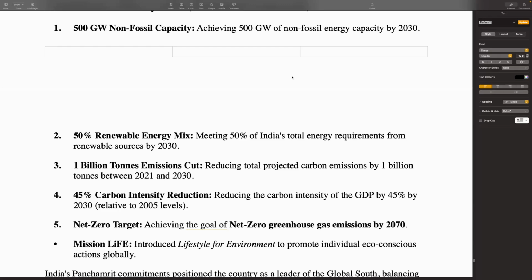Net zero target, achieving the goal of net zero greenhouse gas emission by 2070.